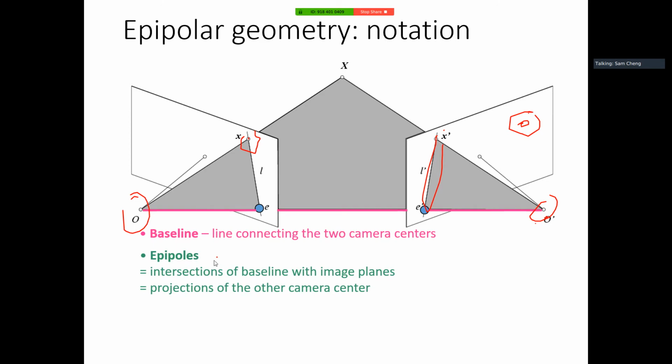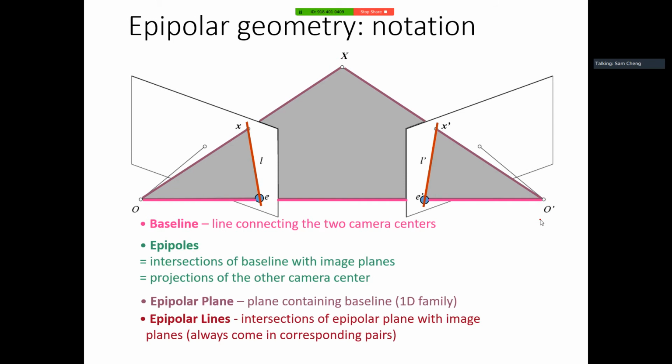So we have the left epipole and the right epipole here. If I consider a target point here, this target point along with the two camera centers forms the epipolar plane, and the epipolar plane intersects the image planes in these epipolar lines, which we mentioned earlier.